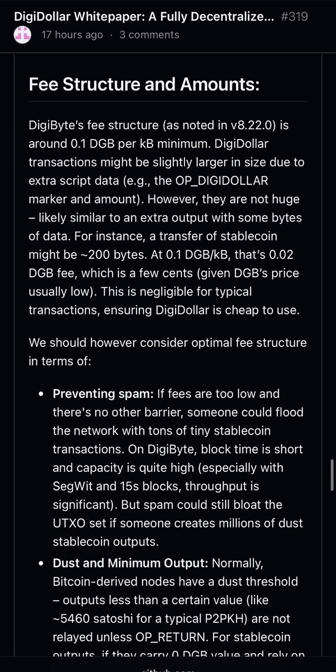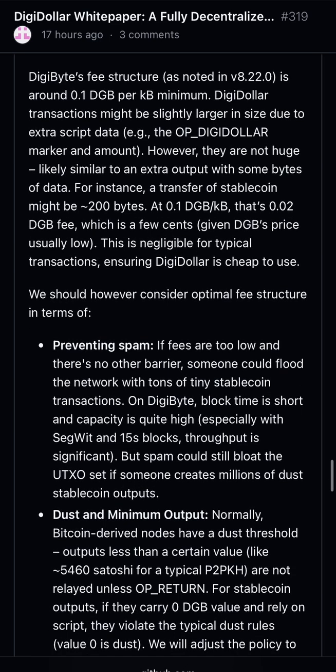Fee structure and amounts. DigiByte's fee structure, as noted in v8.22.0, is around 0.1 DGB per kilobyte minimum. DigiDollar transactions might be slightly larger in size due to extra script data, e.g., the DigiDollar marker and amount. However, they are not huge, likely similar to an extra output with some bytes of data.